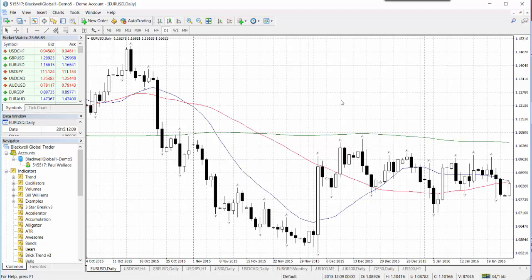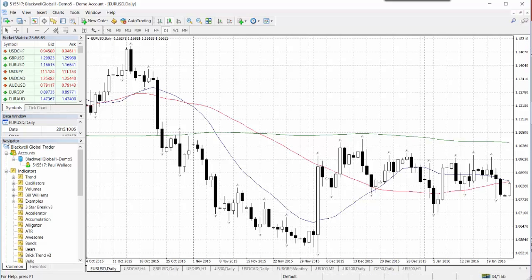What we'll do is talk about one of the first indicators that we're here to use, and that's called the change percentage. For those of you who are new, you'll have downloaded these indicators into the platform, and if you have any challenges or issues with that, be sure to get in touch with your account representative at Blackwell Global, and they'll be very happy to ensure that you're fully set up and ready to use them yourself.